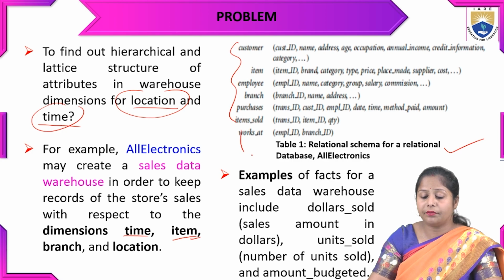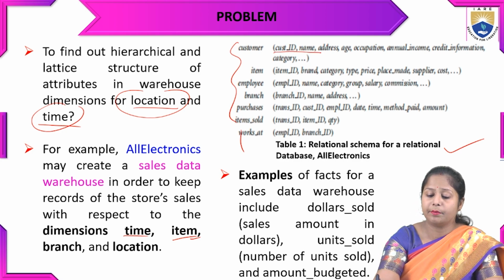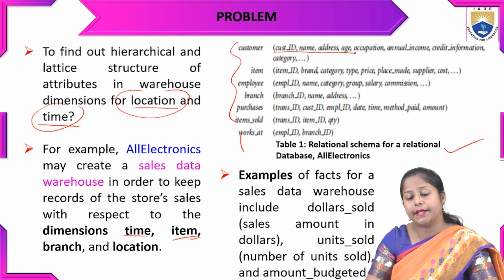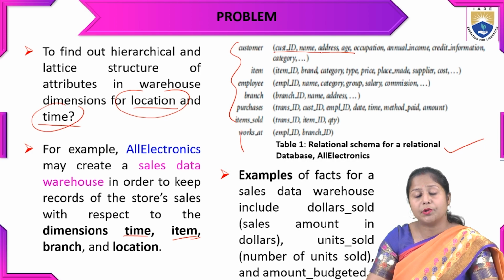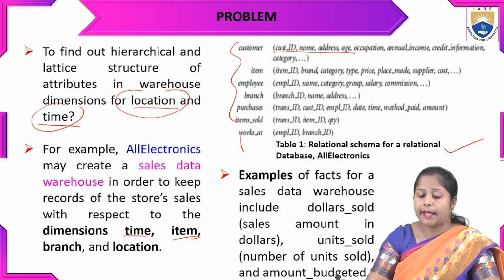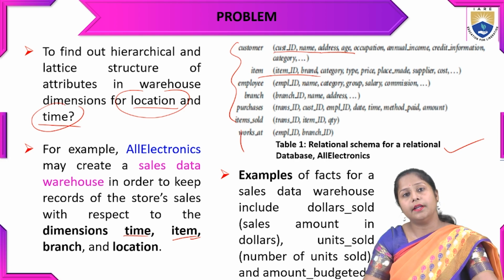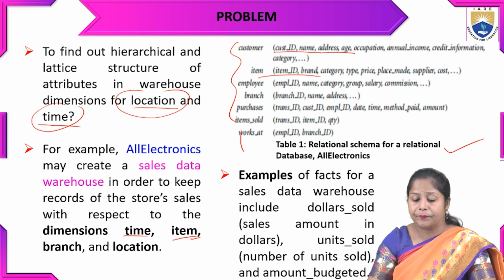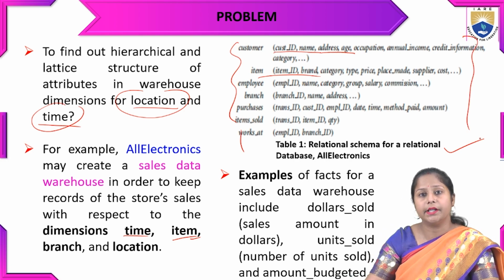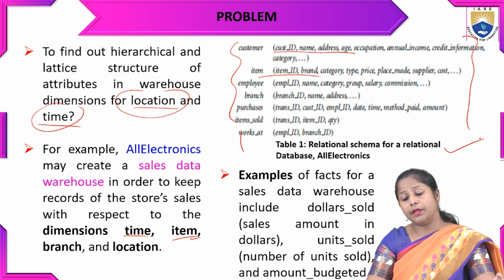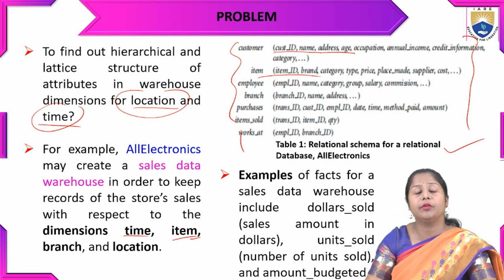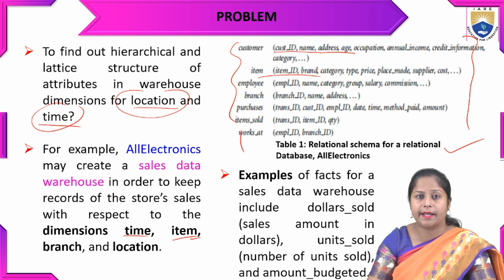On the basis of that the particular attributes are there, that is customer ID, name, address respective to the customer table. Like that in item, the item ID, brand, and other attributes are there. So like this we are having the 6 dimensions. Then there will be the facts, that will be the central table, because in that all the related dimensions will be stored.